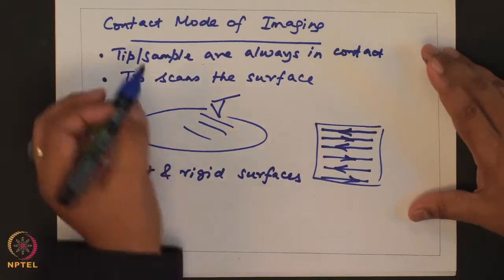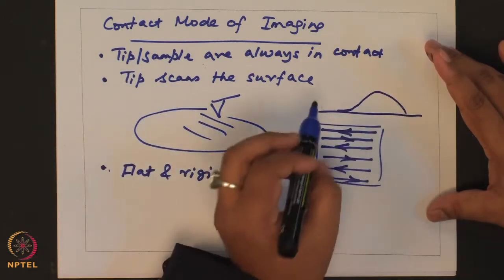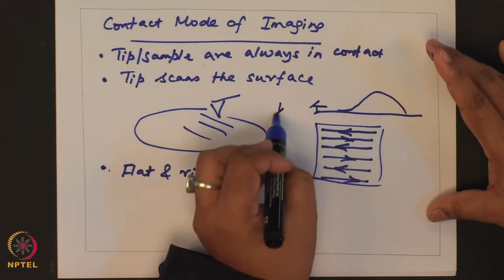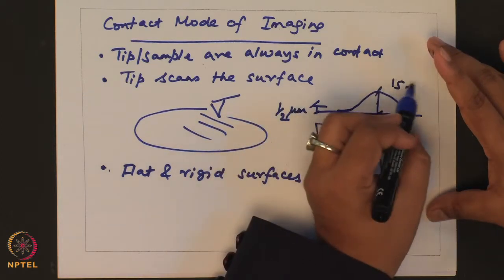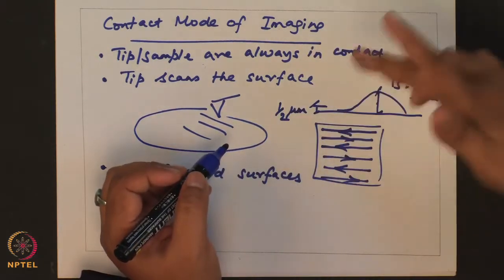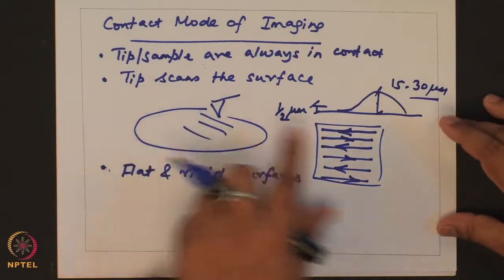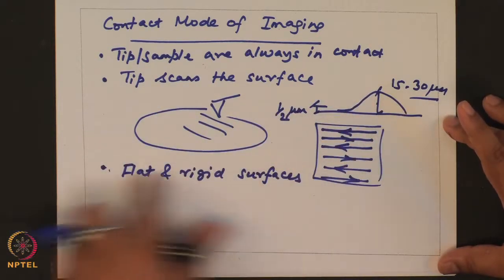Also, cells have a variation in Z height. From the periphery, the height of the cell might be as low as half a micron, and at the center it might be 15 to 30 microns. So, you have a huge variation in Z direction, which is difficult to handle when you are just scanning the surface like this.